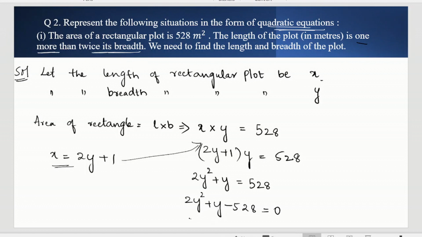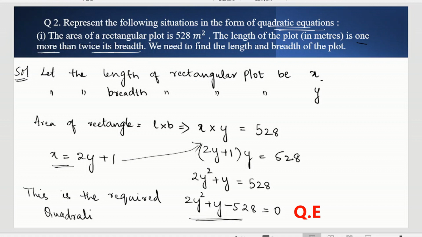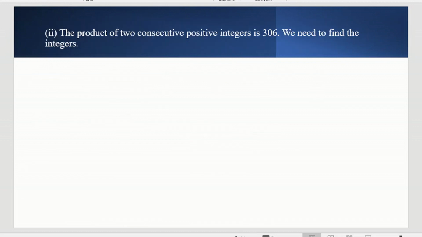So this is in the form of a quadratic equation, the required quadratic equation. Okay, clear?